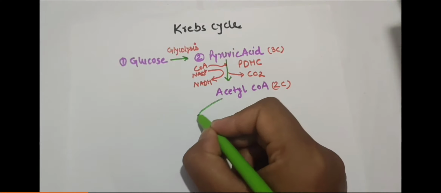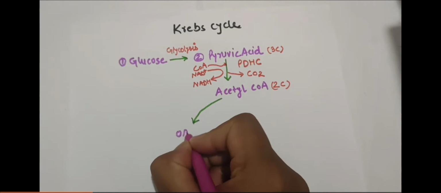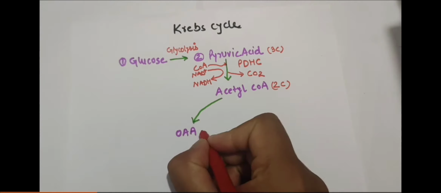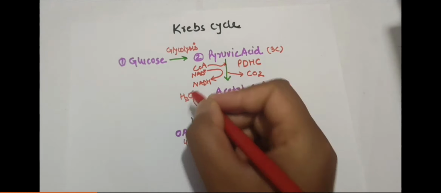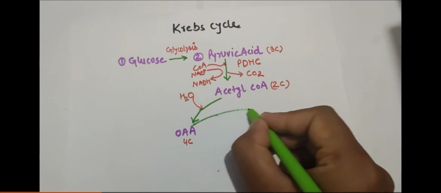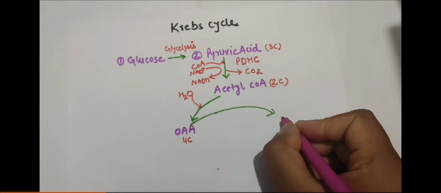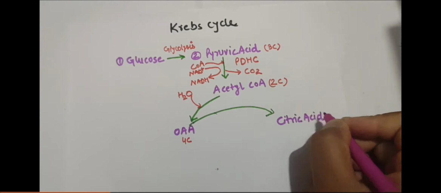So it will enter the cycle, and the receptor for acetyl CoA is oxaloacetic acid, which is a 4 carbon compound. So in the presence of water, acetyl CoA and oxaloacetic acid combine and form a stable compound, which is citric acid or citrate.